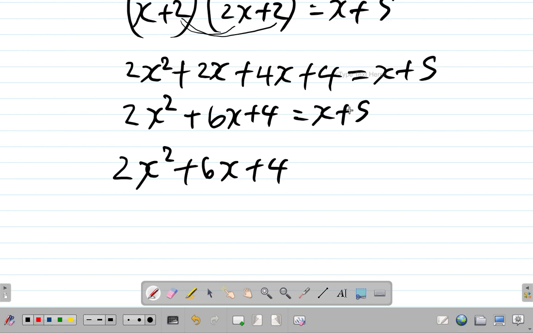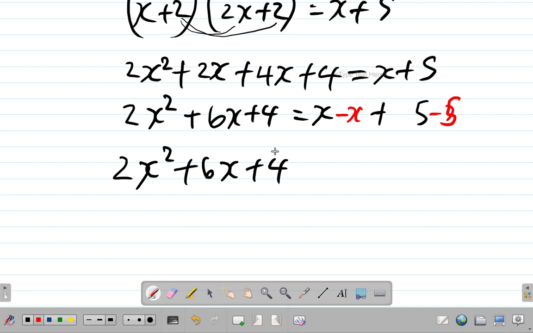Let me rewrite this apart. X plus 5. So you have x plus 5 over here. So what you're going to do is subtract x from both sides and subtract 5 from both sides. You don't move over anything. No mathematical, no algebraic operation, no need to move over. You have add, subtract, multiply, and divide.